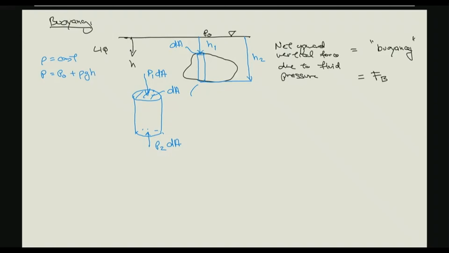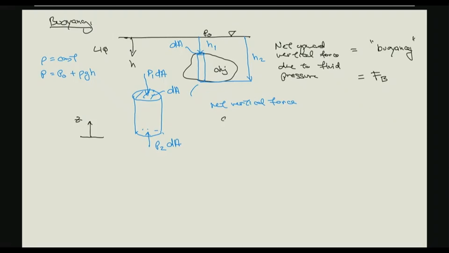Okay, so here, let's look at the net vertical force on our fluid element, our object. So let's now define a coordinate z, positive upwards, and then consider vertical force.